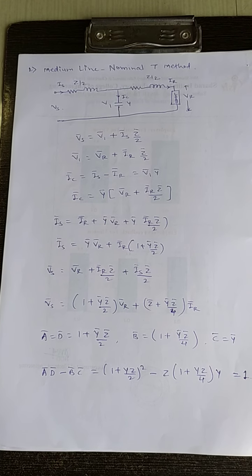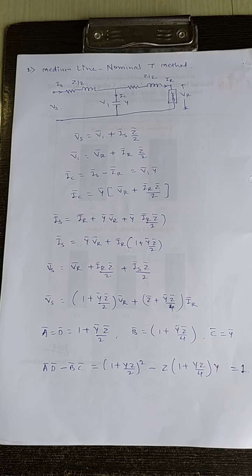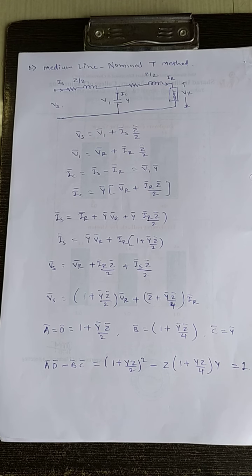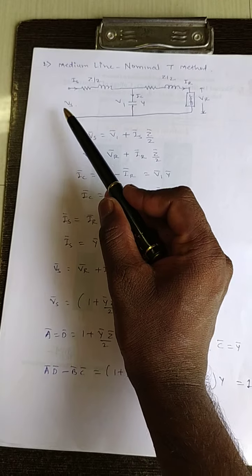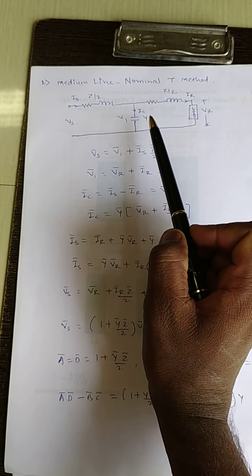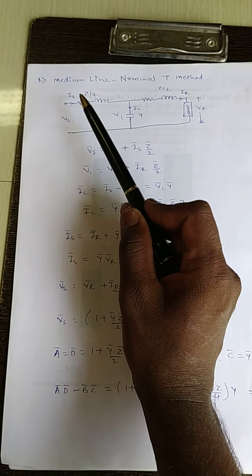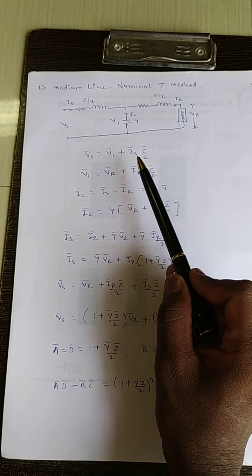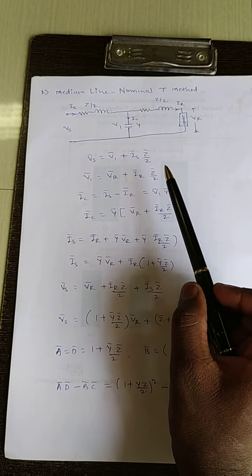Then we have to find the ABCD parameters for the medium transmission line by the nominal T method. We represent the medium line in the image. Then we find the sending end voltage. The sending end voltage Vs is equal to the voltage across the capacitor plus the voltage drop across the impedance, that is, vector V1 plus vector Is into vector Z by 2.